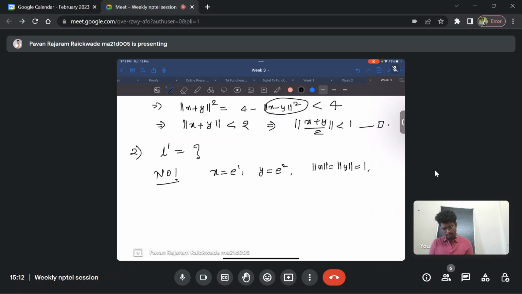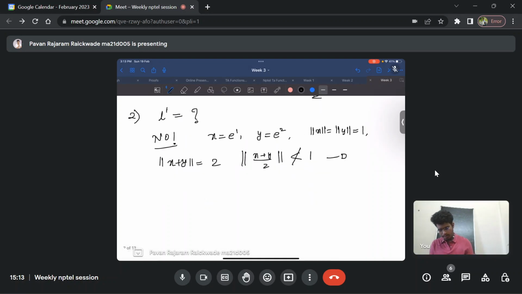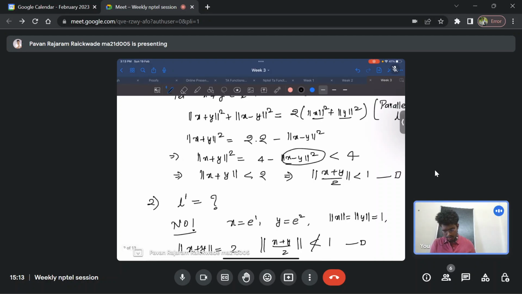And what will be the norm of x plus y? It is two, the summation of 1 plus 1. So this will be a counter example for the definition, because norm x and norm y are 1, but norm of x plus y by 2 is not strictly less than 1. So the second one, L1, is not strictly convex.